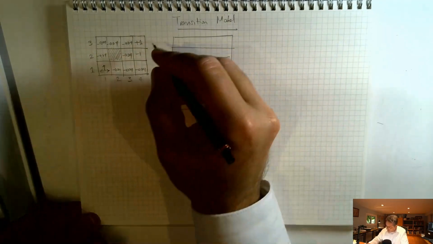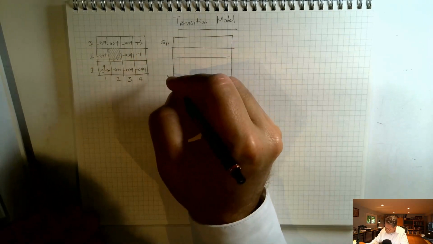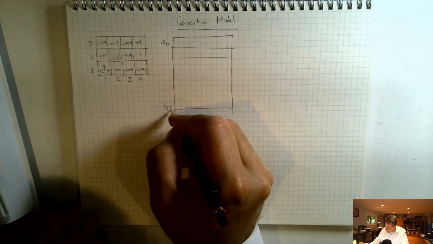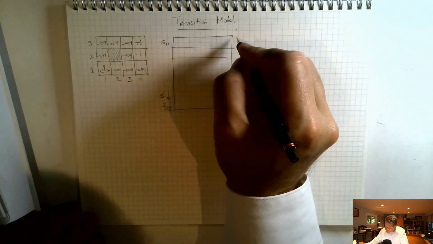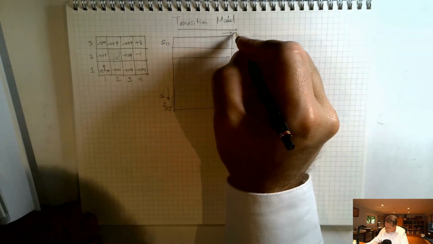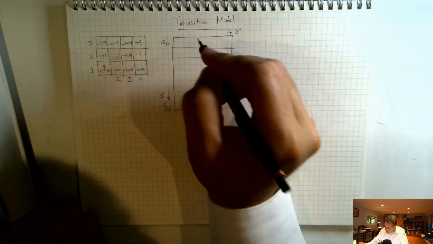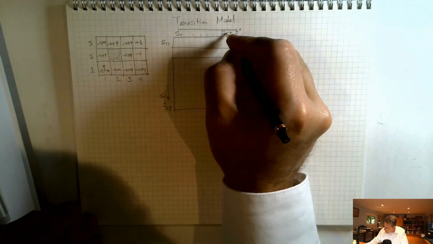Okay, it's not really to scale here, but this axis is S11 all the way to S43, and this is, let's say, the current state axis, and the other axis is the so-called S prime, and the S prime axis is also S11 to S43.